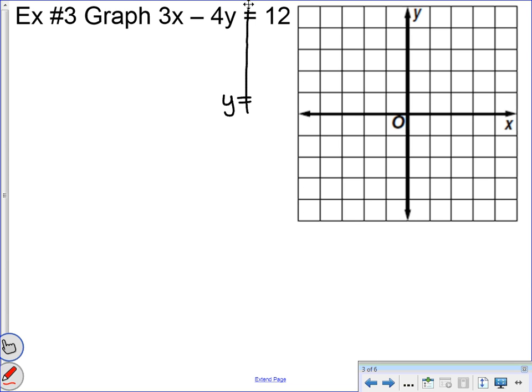First up, this 3x needs to be moved to the other side. Now, when you move a term from one side to the other, you're going to have to change its sign. So currently, it's +3 when it's on the left, but when it moves to the right, it will become -3.